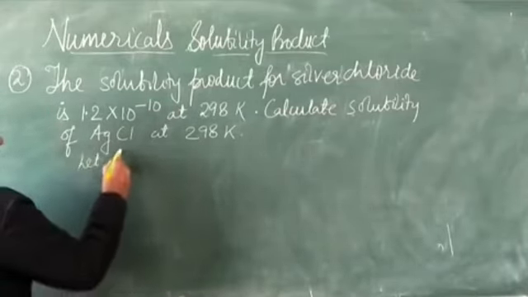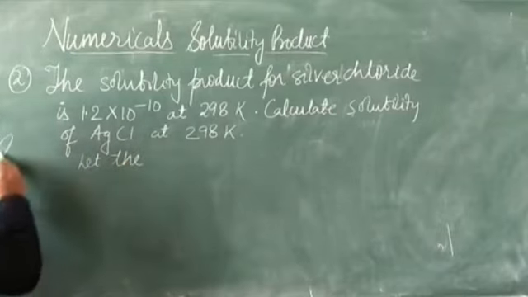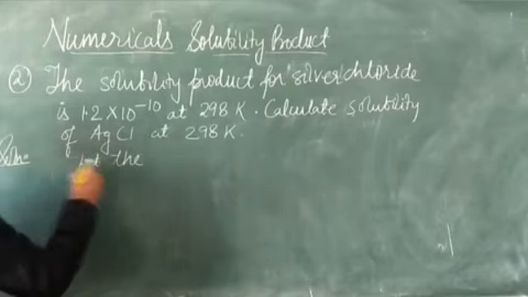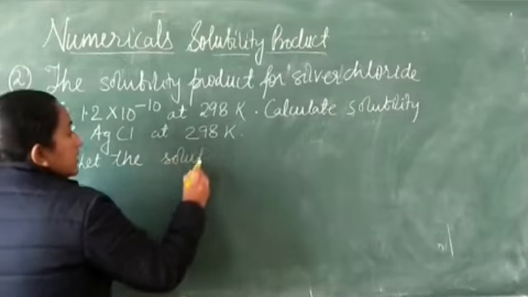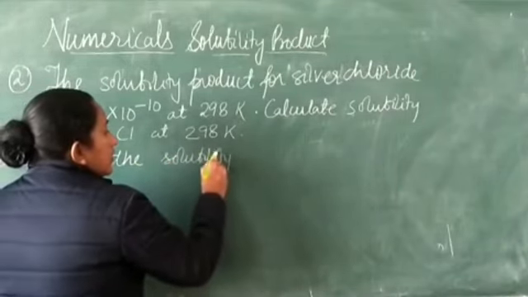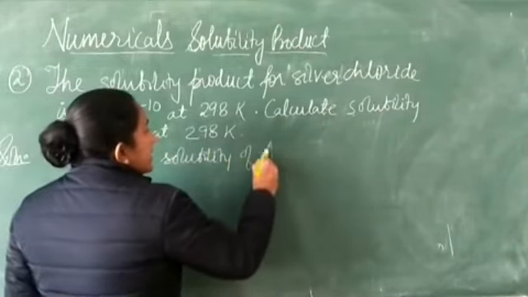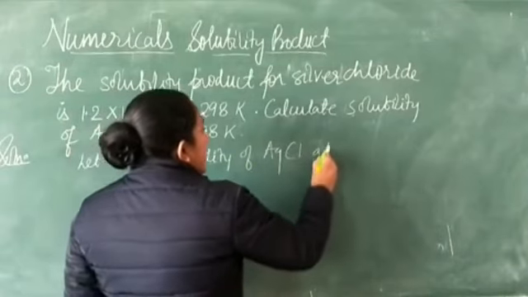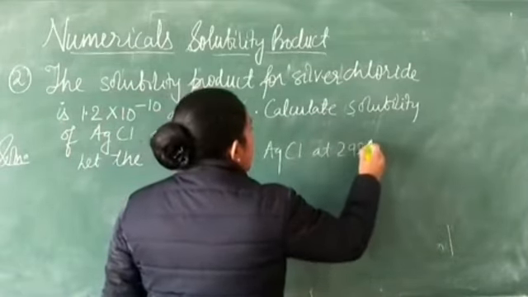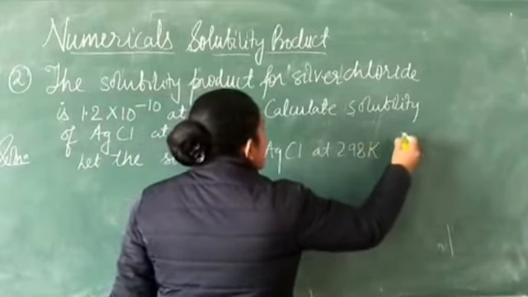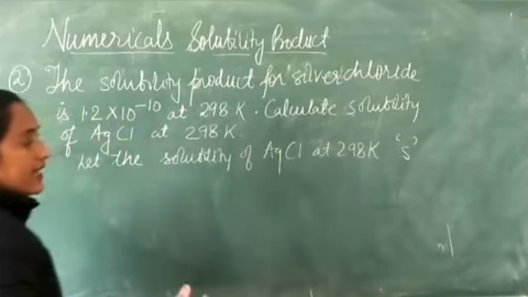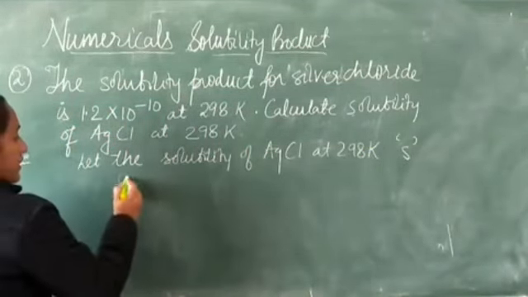So let the solubility of AgCl at 298 Kelvin be S, that means S moles per liter.